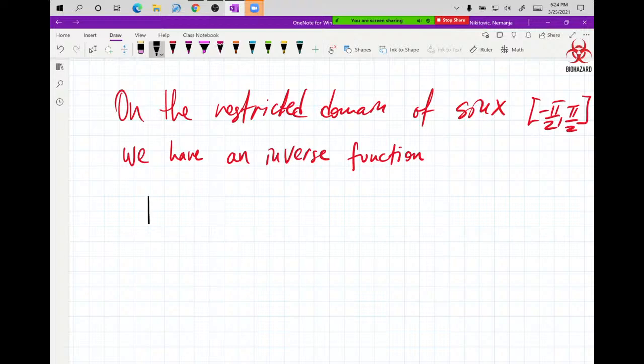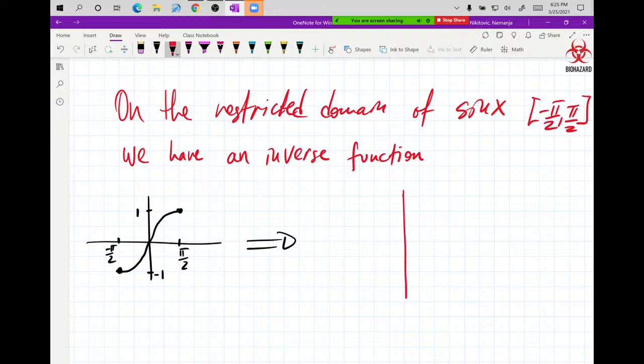Now my input sine goes from negative pi over 2 to positive pi over 2, negative 1 to positive 1, and that has an inverse function.